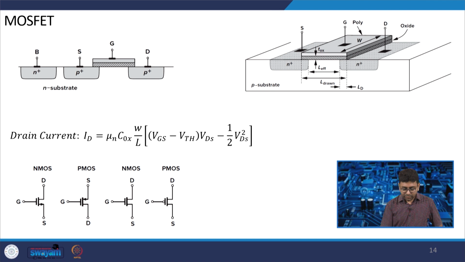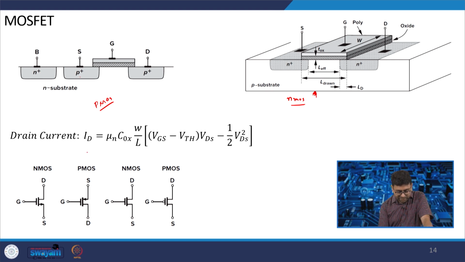There is a P plus region on an N substrate, and this is the NMOS, which is an N channel, and this is the PMOS, which is a P channel. Here the channel is made by holes, and here the channel is made by electrons. For NMOS and PMOS, only the drain and source are interchanged, and you can use the same equation.